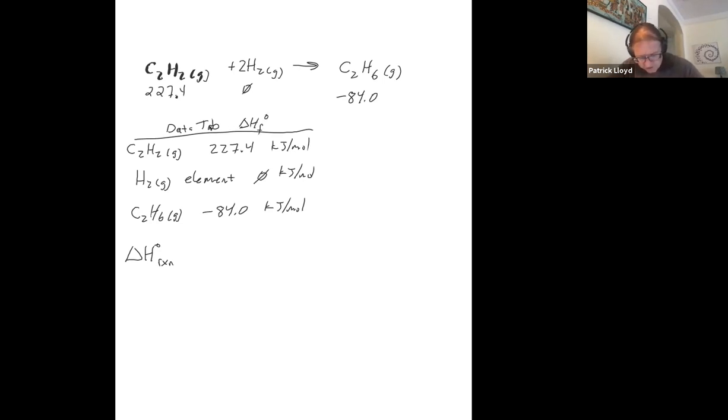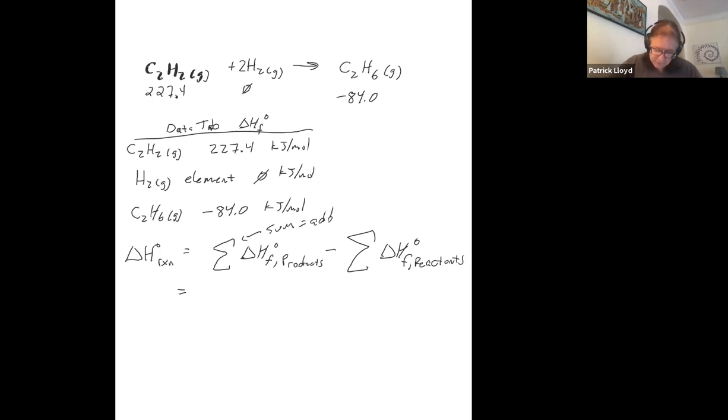The reaction enthalpy is equal to the sum of the delta H of formations of the products minus the sum of the delta H of formation of the reactants. Okay, so I'm going to do that. This is sum, which just means add.